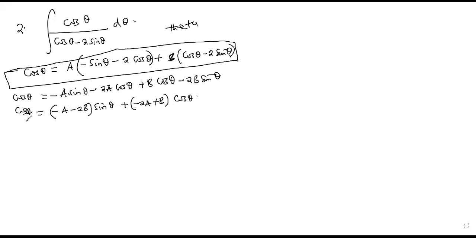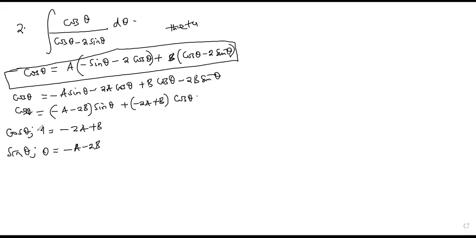So you can compare the coefficients. Beginning with the cos theta, this side you have 1, and this side you have negative twice a plus b. For sine theta, this side we don't have any, so 0 is equal to negative a minus twice b.